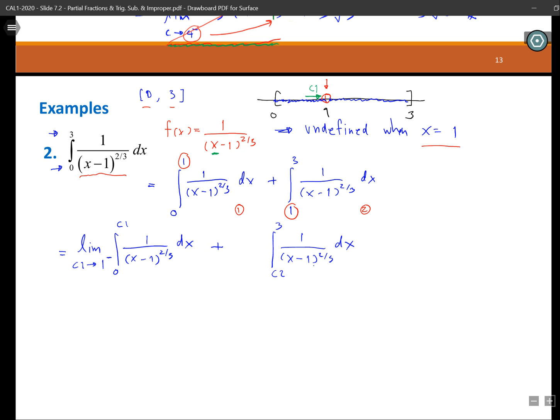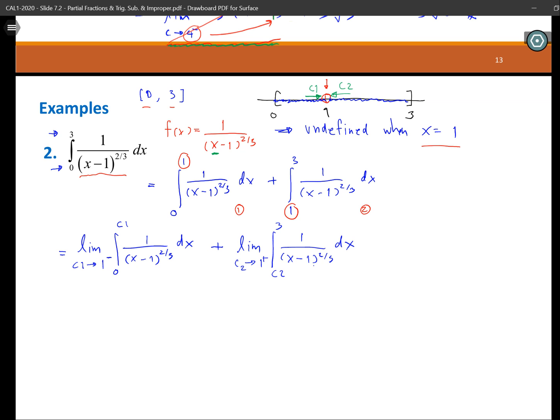And then this C2, let's take a look at the diagram. This C2 is going to approach x equal to 1 from the right hand side. It's going to go very, very close to this point, but not there. So limit C2 approaching 1 from the right hand side, plus sign.